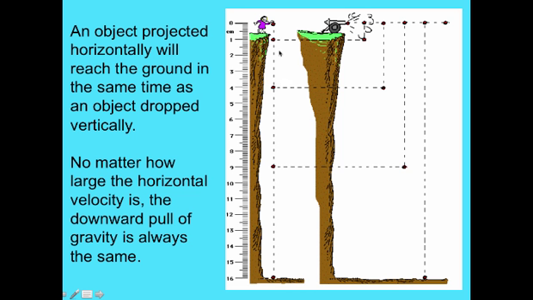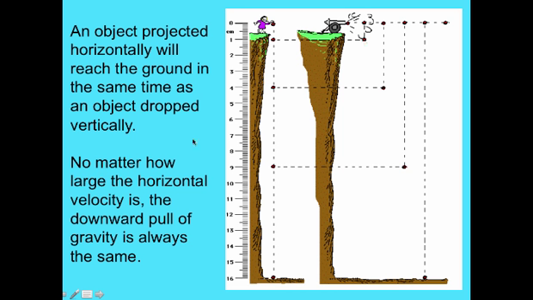The only thing it experiences is gravity, and you can see the distance that the ball falls each successive second. Now take the example of the cannonball, which is launched horizontally. You're going to have two motions going on now. We have the constant motion of the horizontal plus the acceleration of the vertical motion. The net result is going to be this path over here.